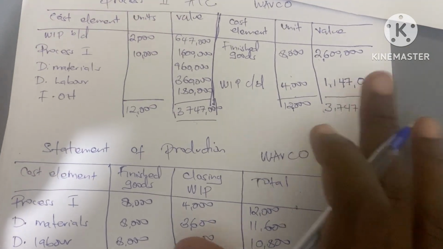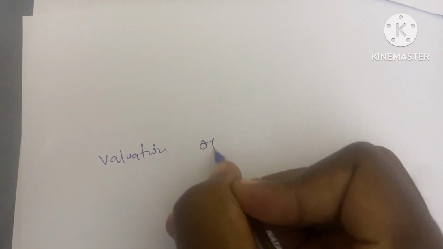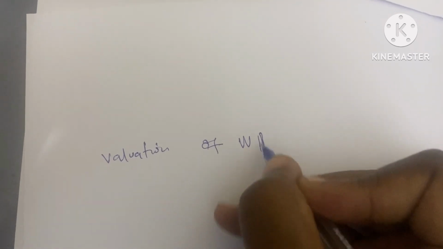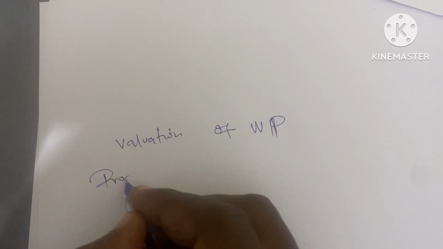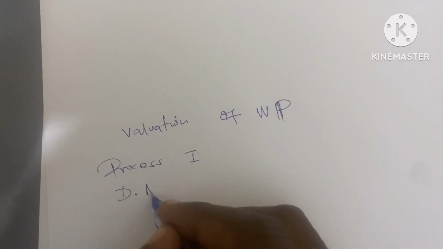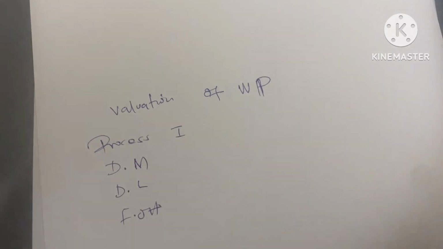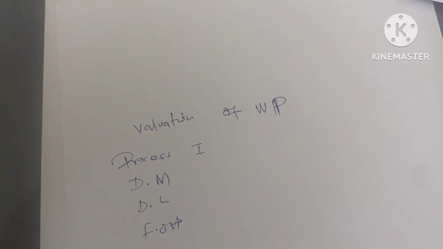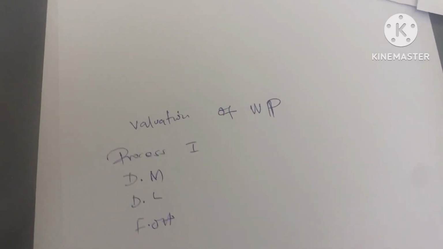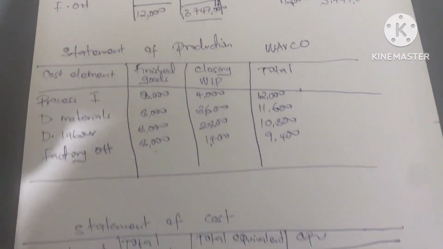Or if you do not want to do it this way, you can find it manually. So you do the valuation of work in progress. We have process 1, direct materials, direct labor, factory overheads. So we get the closing work in progress times the CPU.